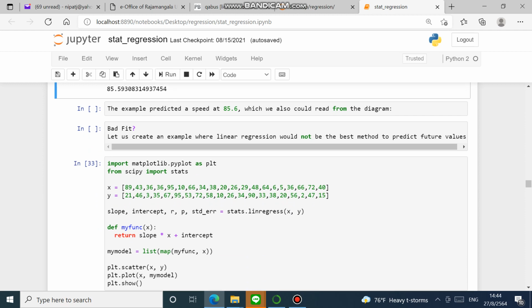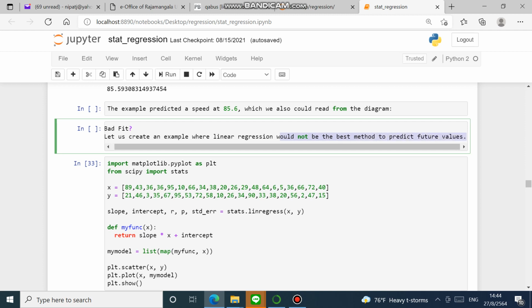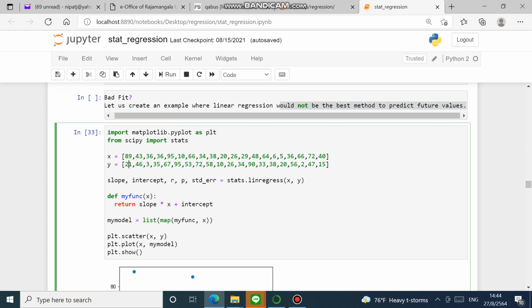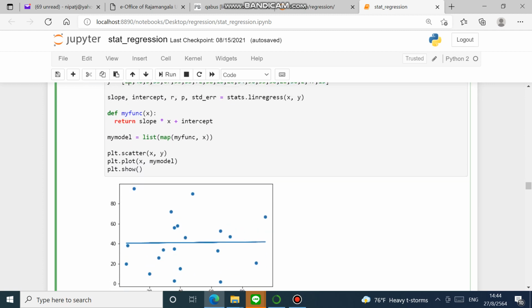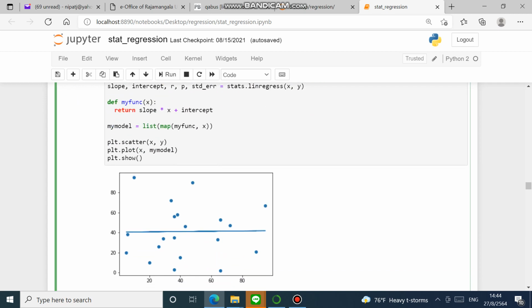Then we talk about bad fit. Let us create an example where linear regression would not be the best method to predict future values. For example, this is x and y. We do the same thing, and when we plot the scatter diagram, it is something like this.